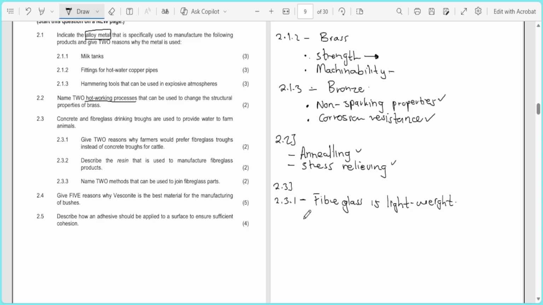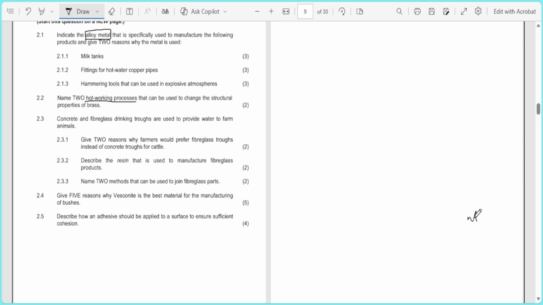So fiberglass is lightweight, and it is also durable and rust resistant.